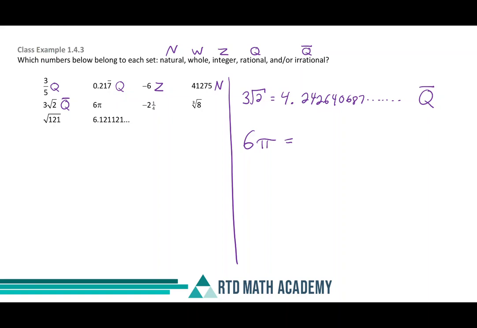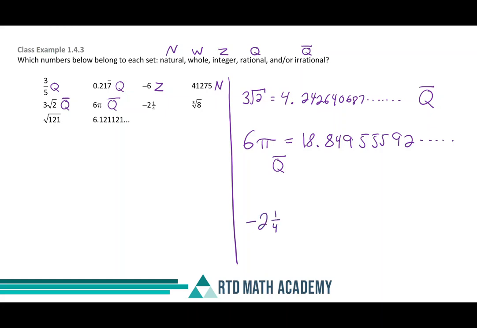So multiplying it by 6 does not make it anything different than an irrational number. If you really must know, you can multiply 6 by pi in your calculator and start to see this irrationality. 18.849. Ooh, look, there's three 5s in a row, and then that pattern stops, and we have no idea what comes next. So this is going to be an irrational number.